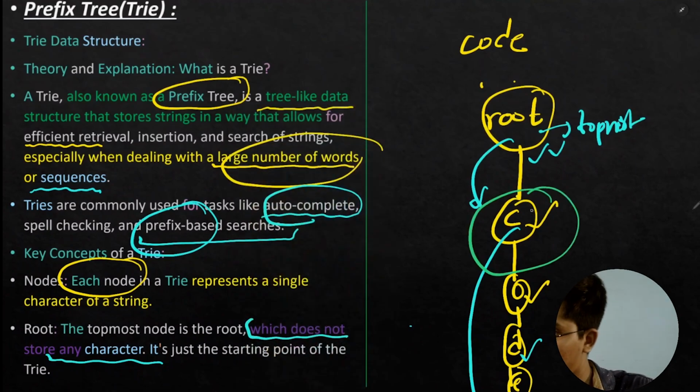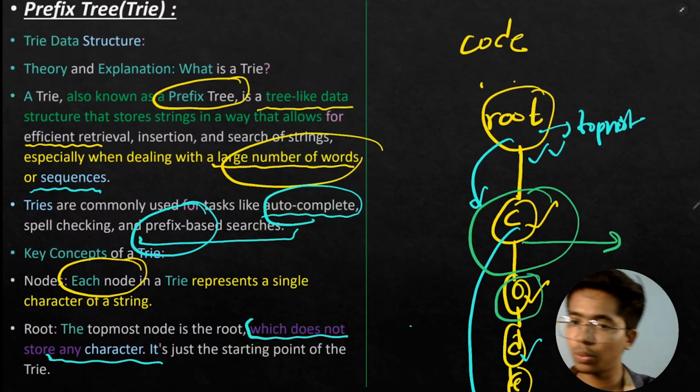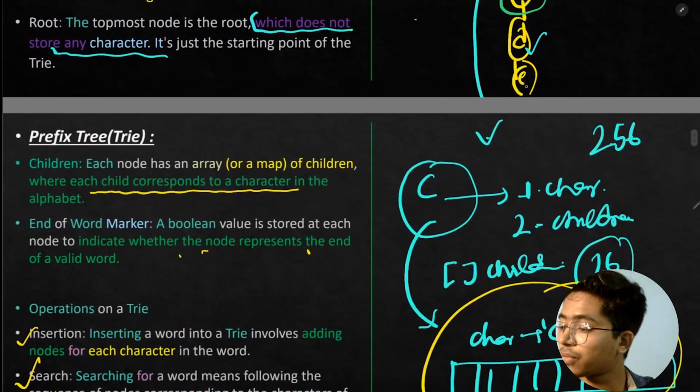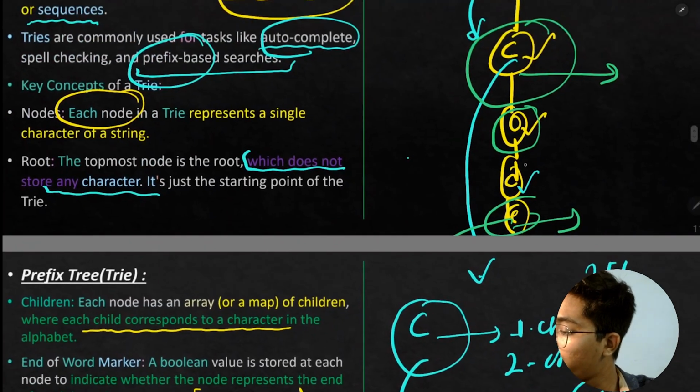These nodes have a particular structure. We need to define those nodes. That means first we need to make a data structure for those nodes. So this is called trie node. These are all trie nodes and we will make a data structure for this trie node.